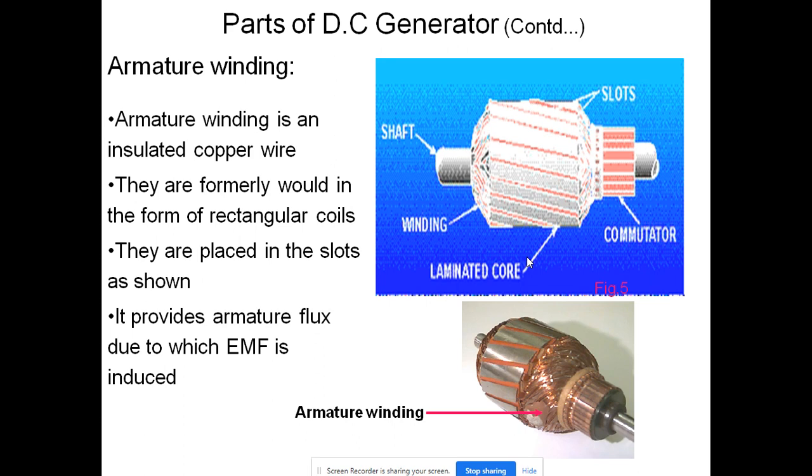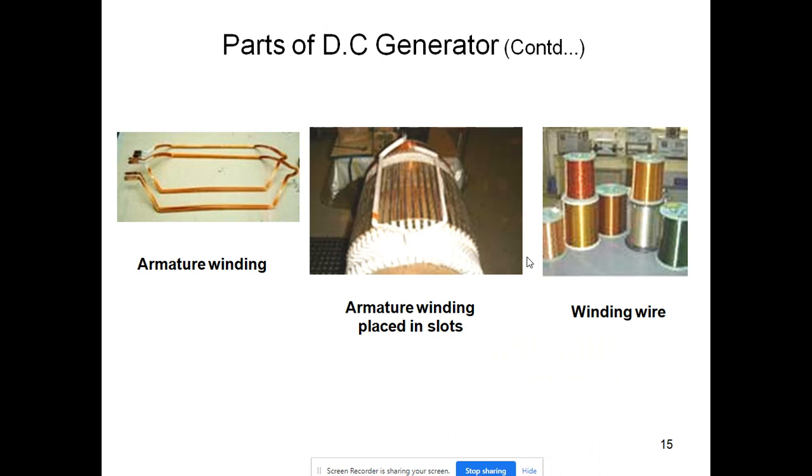It provides armature flux due to which EMF is induced. You can see the armature winding in the first diagram, and this is the total armature winding placed in various slots. We can see the slots also here. In these slots, armature winding is placed, and this is the winding wire, enamel coated copper wire.